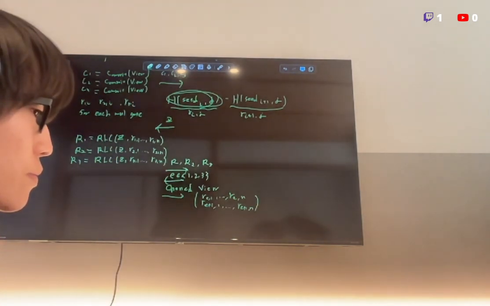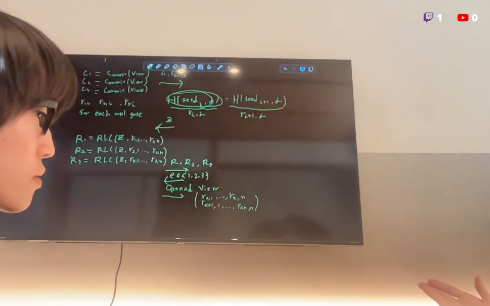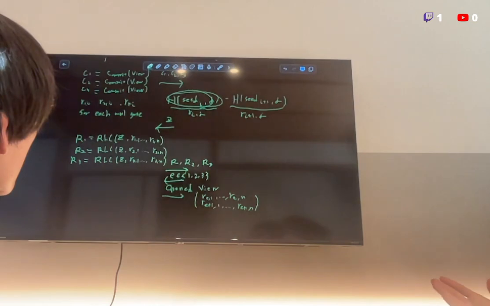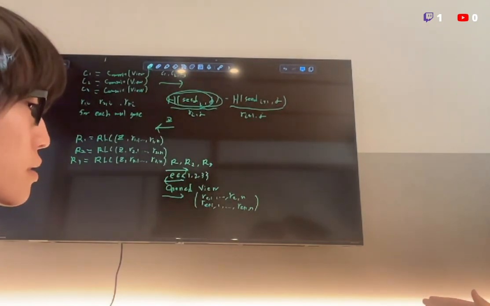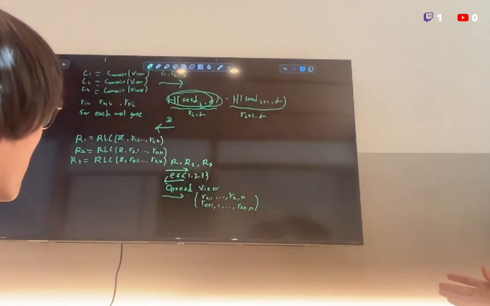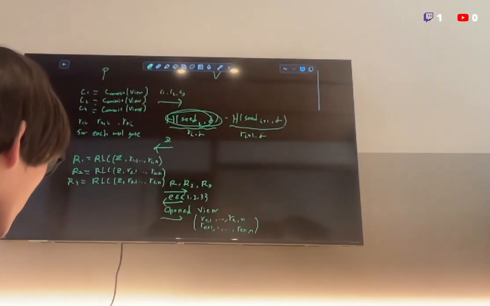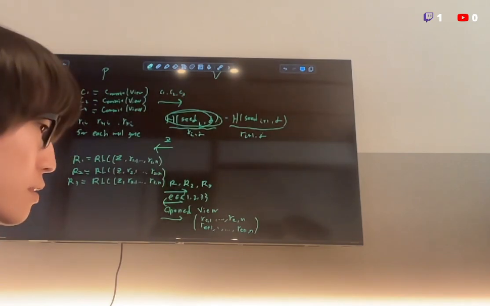Wait, so what is stopping me, the prover, from choosing my own random number instead of computing R_ij as a hash of C_ij, committing to it, and then opening it? That's not fine, right? So yes, the prover can actually, for example, derive each randomness from some random seed.